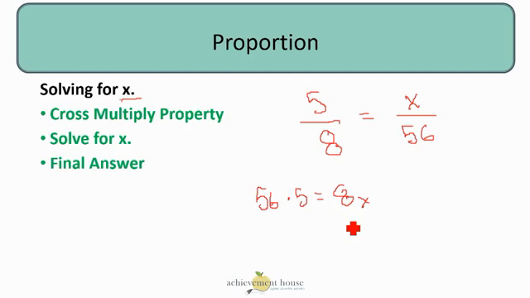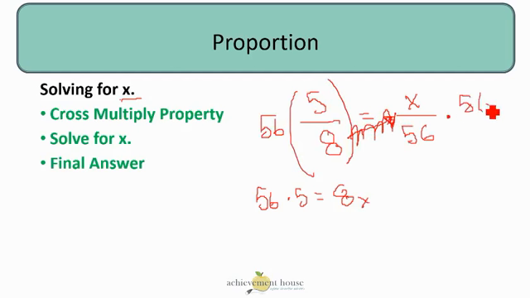Now, you could think, well, why did we even multiply 8 here? Well, once you get better at these, you won't have to do that step. You'll see that all I need to do is multiply the left side by 56 and the right side by 56, and I know that the 56's will divide to 1.